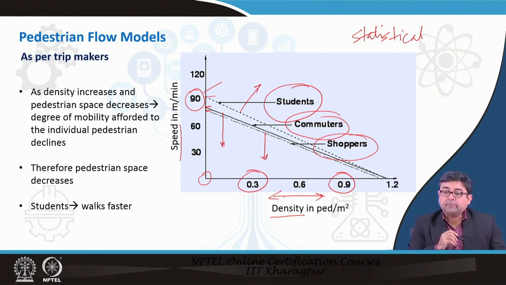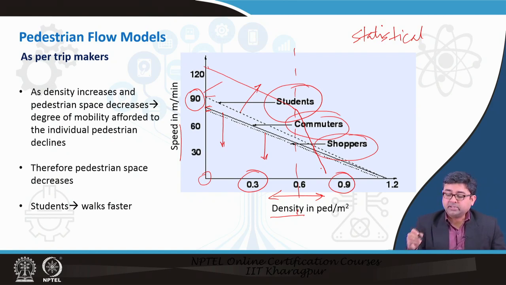However, people have found that there is a cutoff point at a certain density where the model has a different regime. For example, the slope may be this, whereas after that point the slope may be very steep. When you have such a model, they are called two regime models.